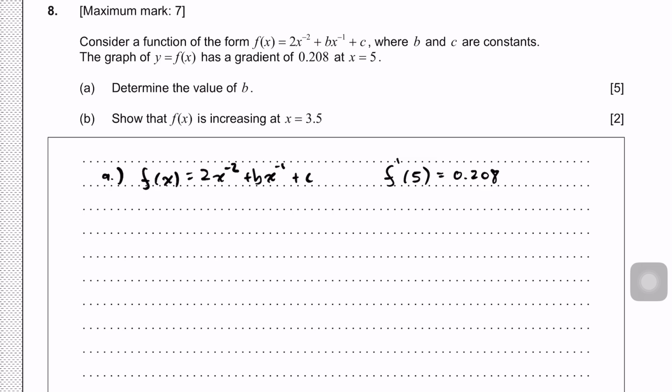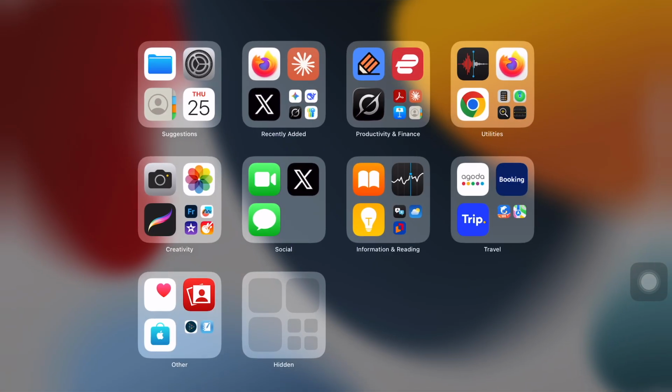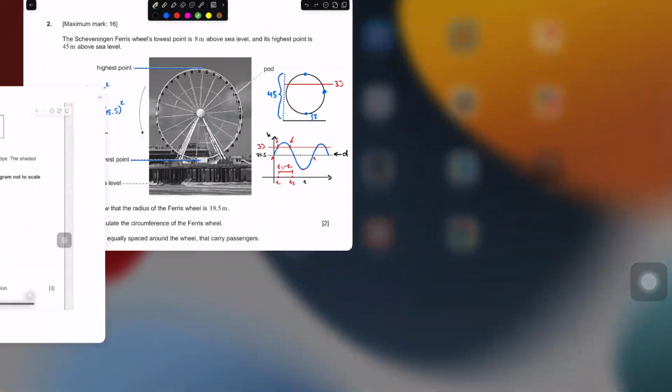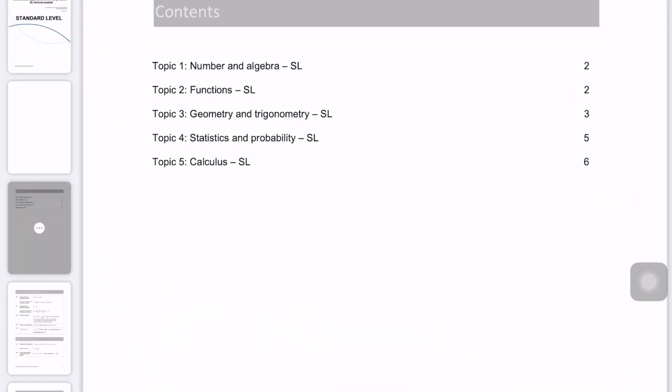So let's go ahead and see what that looks like. So here's f of x. Let's find f prime of x, that is to say, the derivative. So we can go to the formula booklet. Okay.